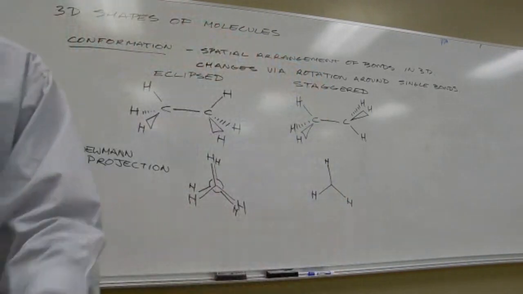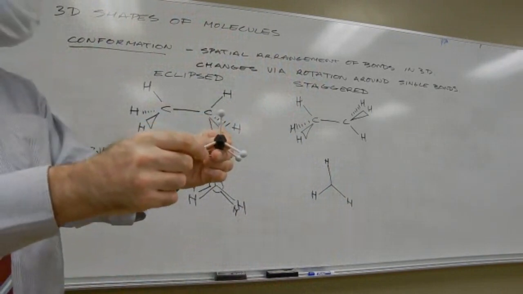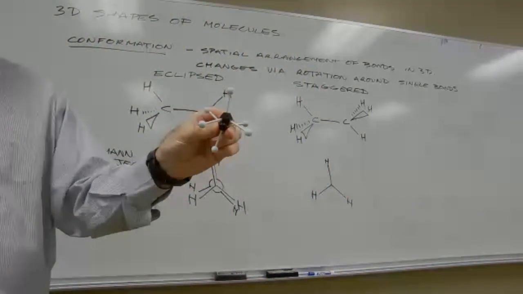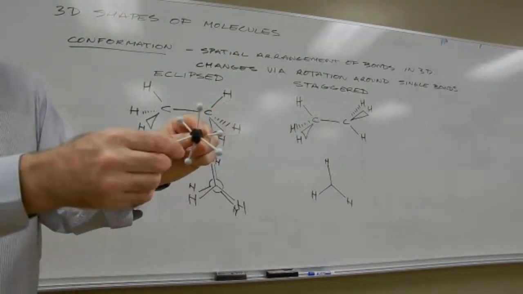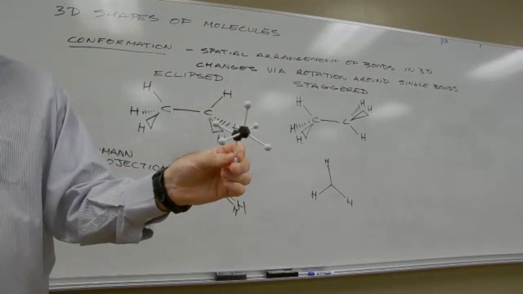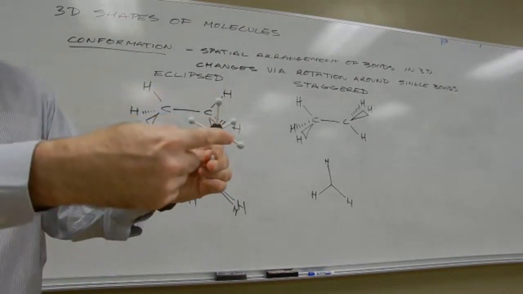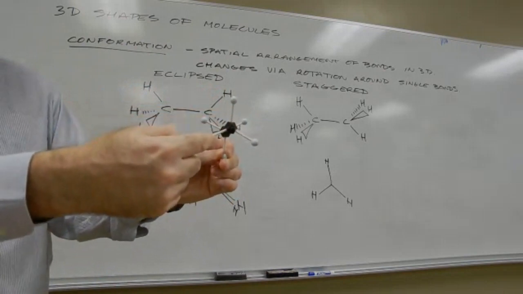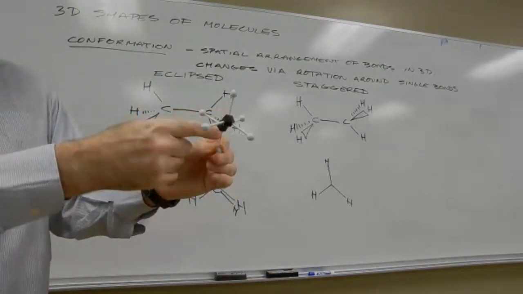Let's do it for the staggered. So here was my eclipsed. If I rotate the atoms at the back, I get this. The front of the molecule is still the same. There are 3 atoms coming to a point. Behind it, there is another atom.